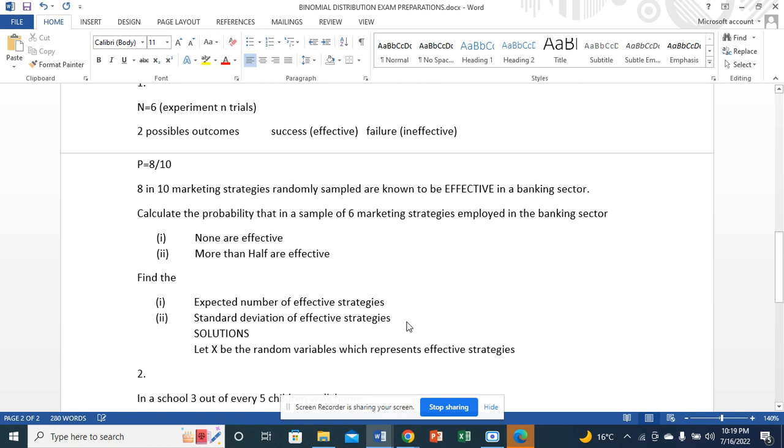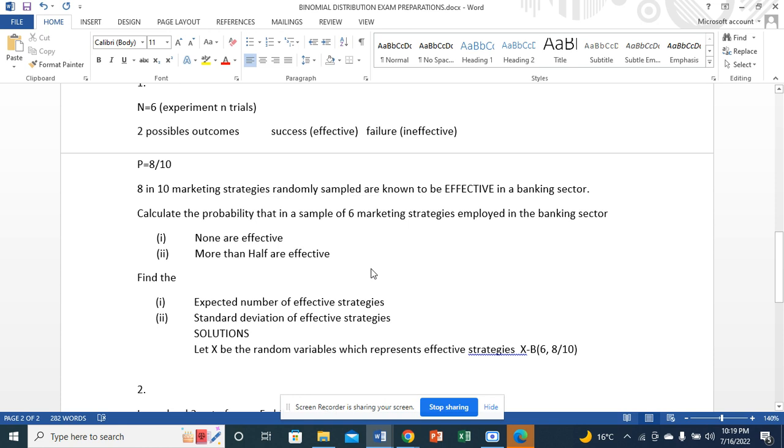So x is a random variable that follows a binomial distribution. The number of trials n is 6, and the probability is 8 over 10. So we can start calculating.